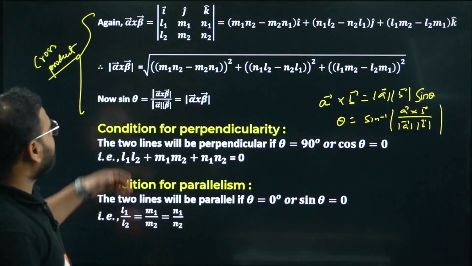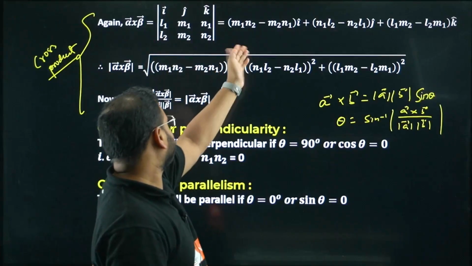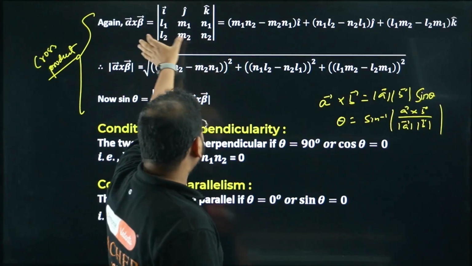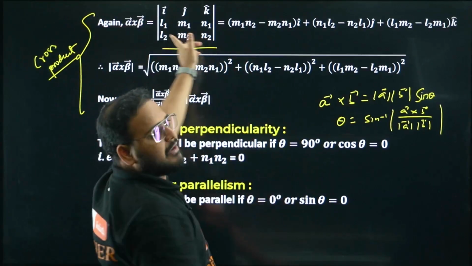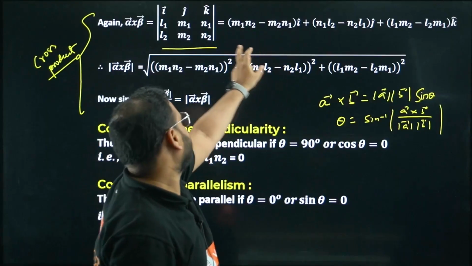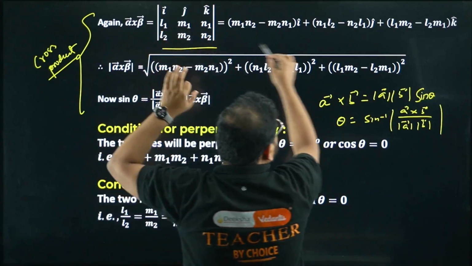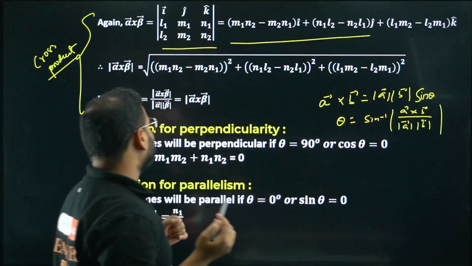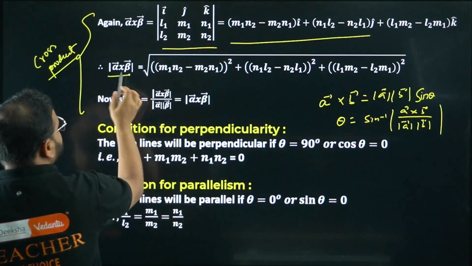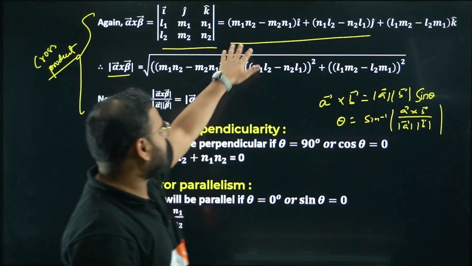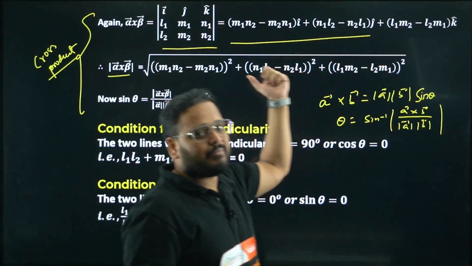So A cross B, how do you find it? Please check here. You have to find the determinant of this. L1, M1, N1 is the vector number 1, the alpha vector, and this is the beta vector. You find the determinant like this. So this will be the value of A cross B. Its modulus is the square of this value, square of this value, square of this value, taken in sum inside the root.